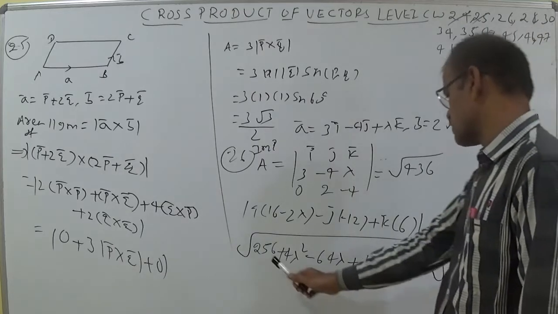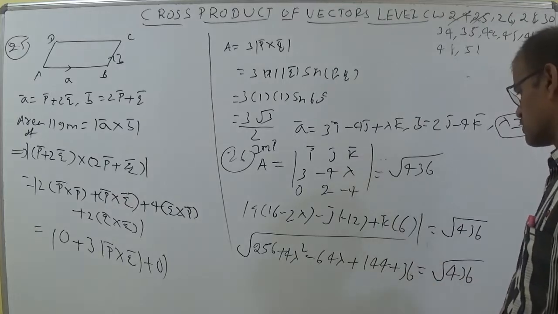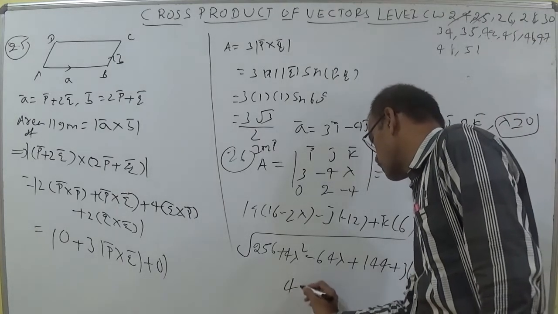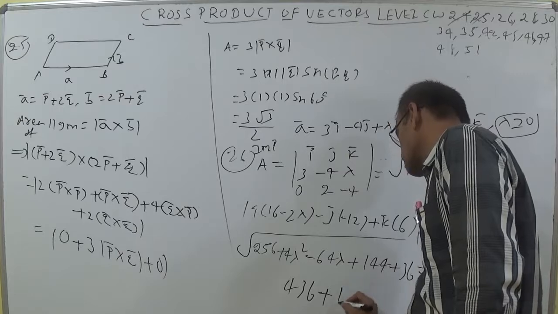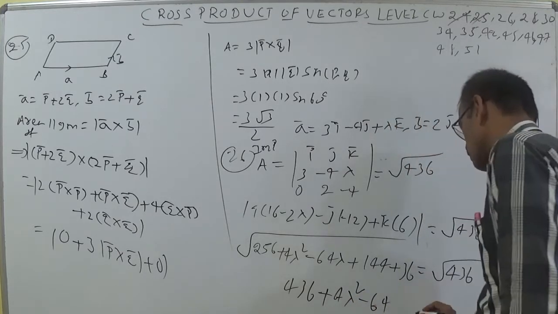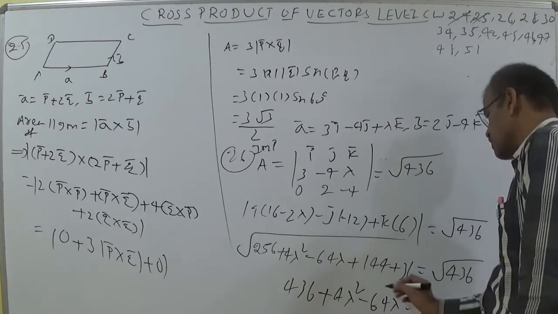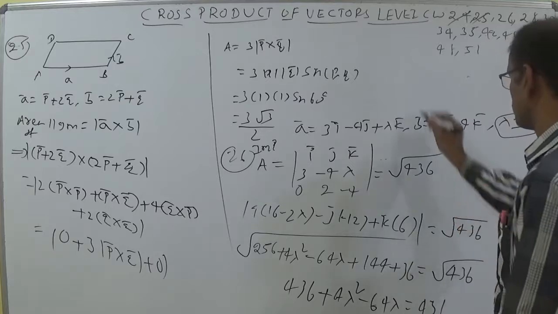So 256 plus 144 is 400, and 436. So now we are getting 436 plus 4 lambda square minus 64 lambda equal to 436, by squaring both sides.